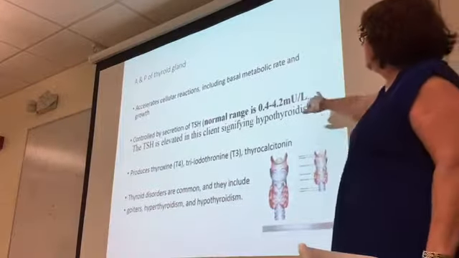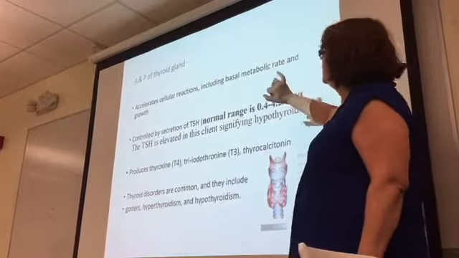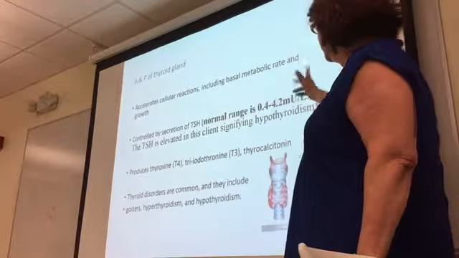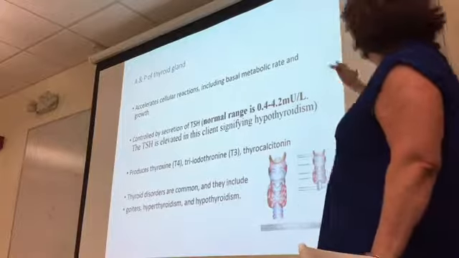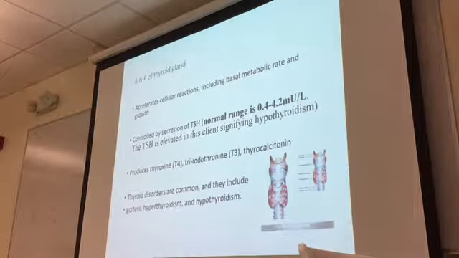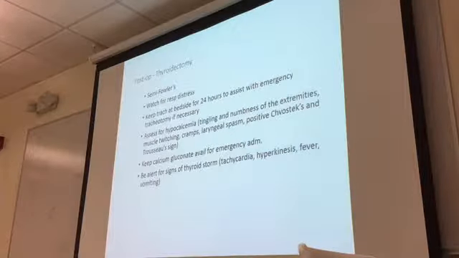TSH normal is 0.4 to 4.2. Let's see other things here that you'll need to know.